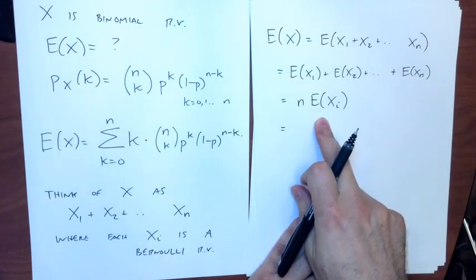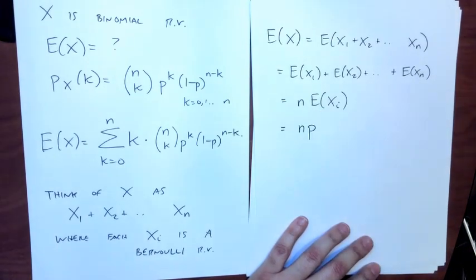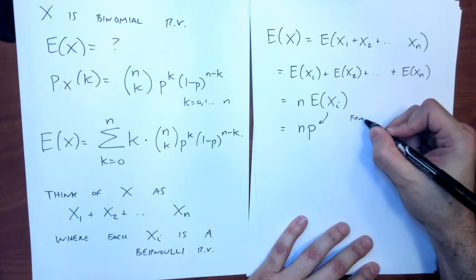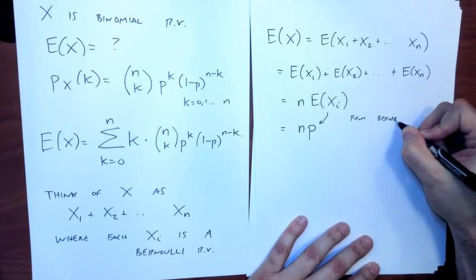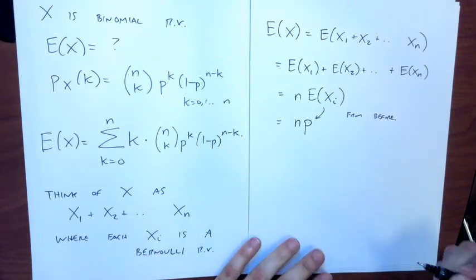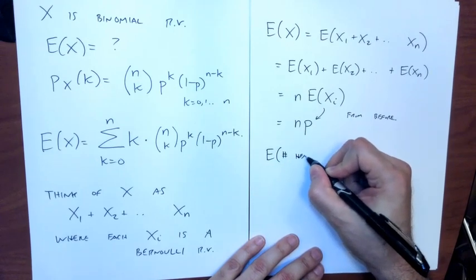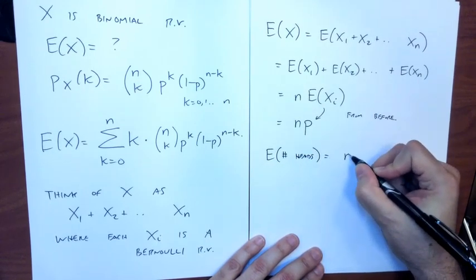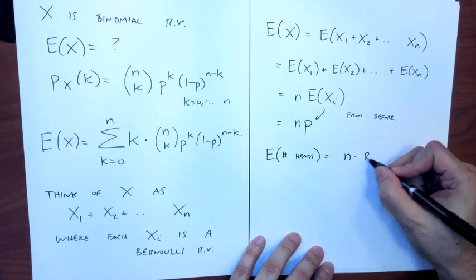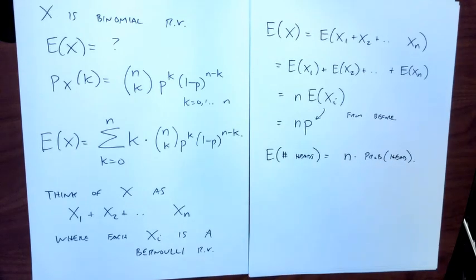And we talked about in an earlier slide that the expected value of the Bernoulli random variable is just the probability of success. This is much, much easier, right? So basically, the expected number of heads in n coin flips is n times the probability of getting a head. That makes intuitive sense.